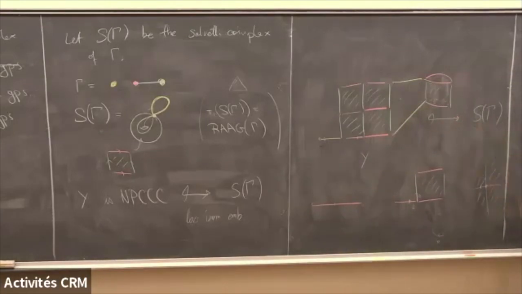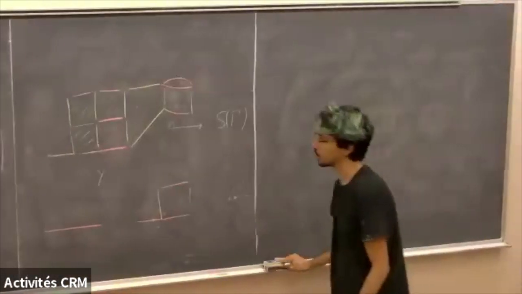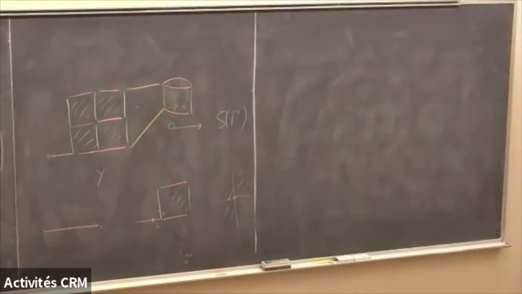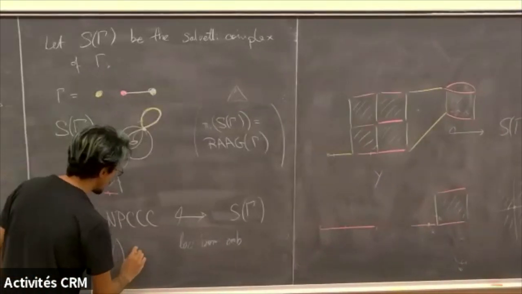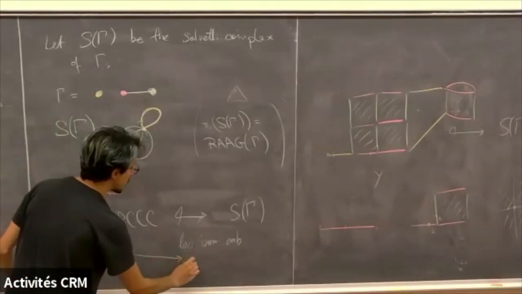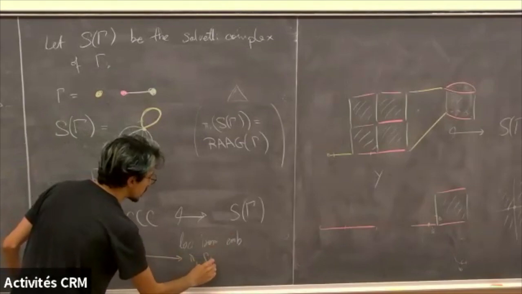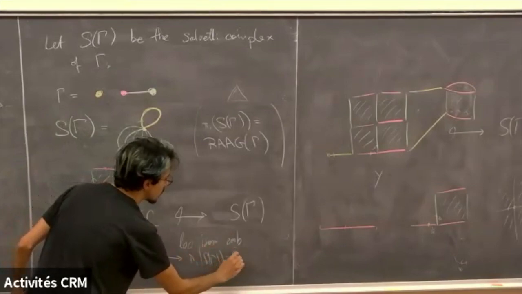So this is the kind of non-positively curved spaces that I look at, those that would have a local isometric embedding into my S gamma. And maybe I should say the phi one of y. What do I know about it? Well, it must embed in the phi one of S gamma.